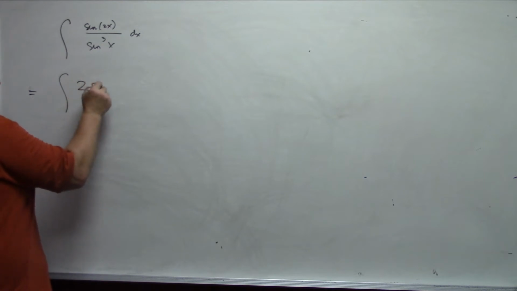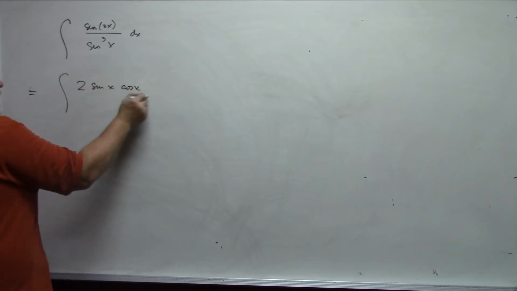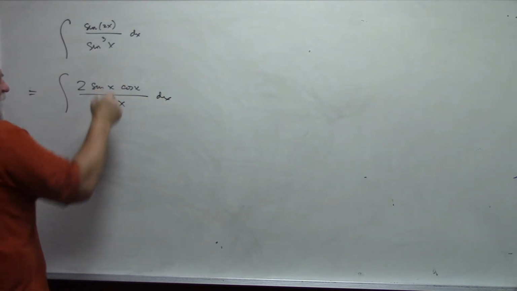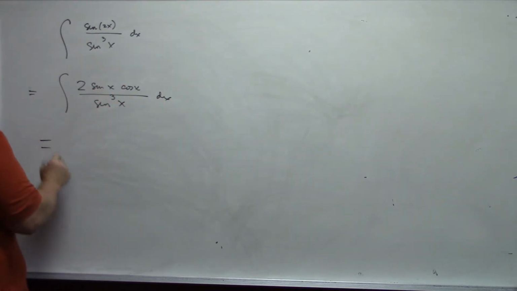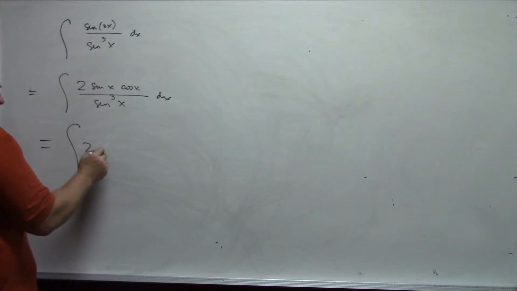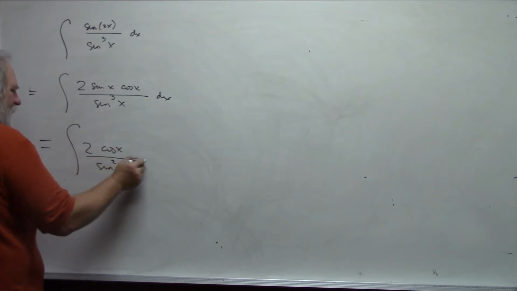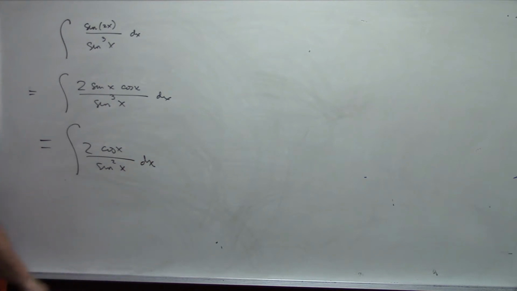This is 2 sine x cosine of x. And then this can reduce, and so I'm left with 2 cosine of x over sine squared of x dx. Now the 2, remember when we take the antiderivative, the number just stays, so I can just leave that on the outside.